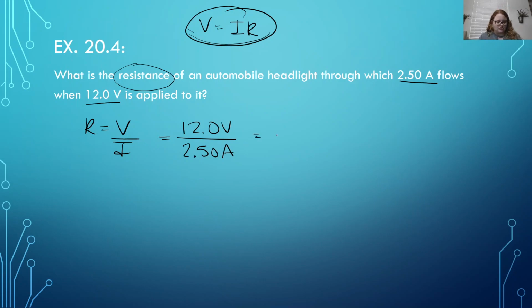So 12 divided by 2.5, we get a resistance of 4.8 ohms. Again, that is an ohm.